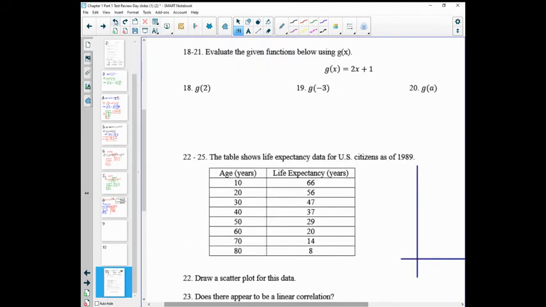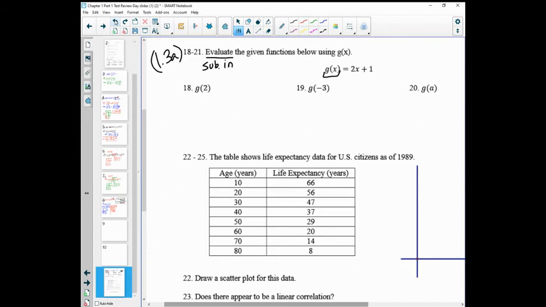Questions 18 through 21 state, evaluate the given functions below using g of x. And this is the g of x equation that we're using. This comes from section 1.3a also. Whenever you see the word evaluate, all that means is substitute in.